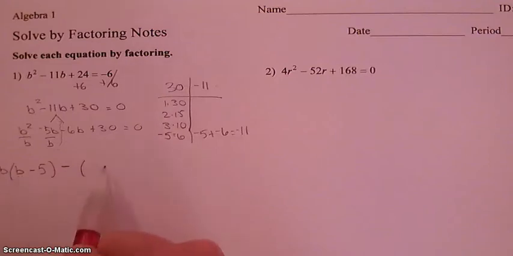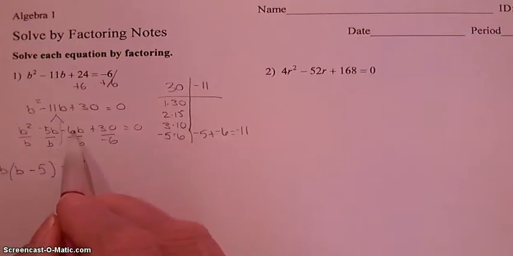I know I need this to be identical, but I look at this, I know that negative 6 also goes into 30, so I'm going to factor out a negative 6. Negative 6b divided by negative 6 is positive b, and 30 divided by negative 6 is minus 5.